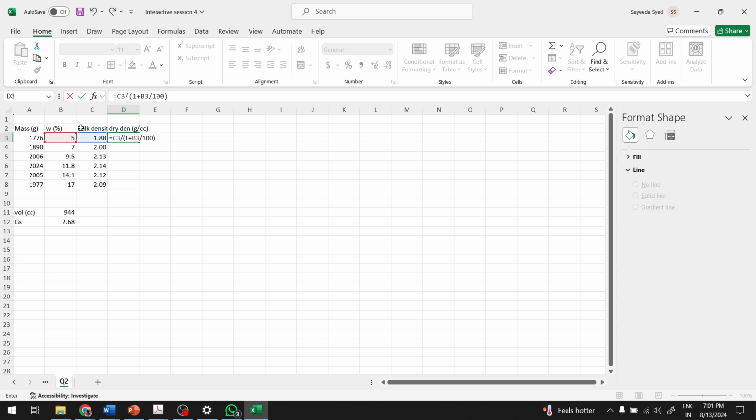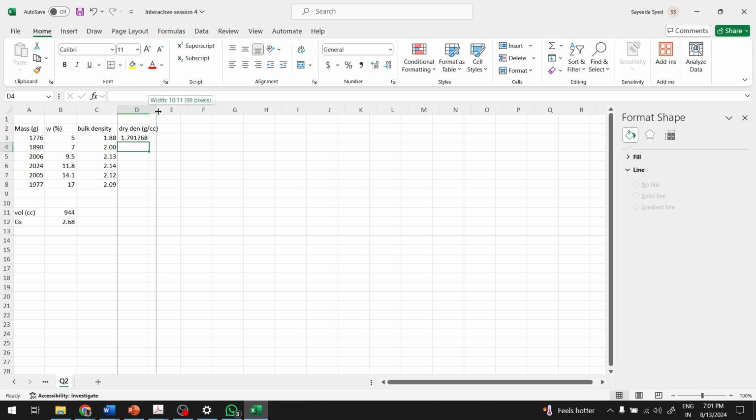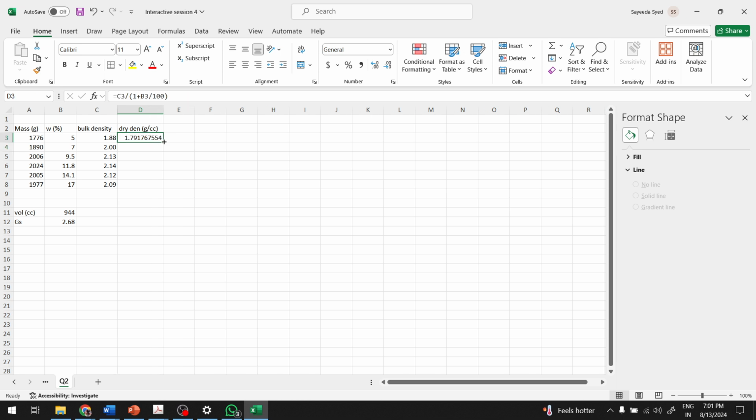So this is just your formula of dry density is equivalent to bulk density over 1 plus water content. And from here we calculated the dry density. Let's calculate for all of the values.